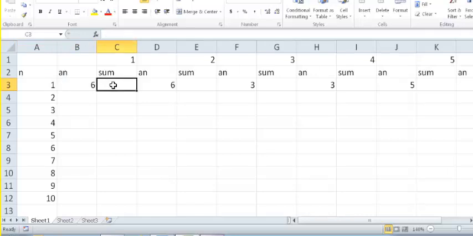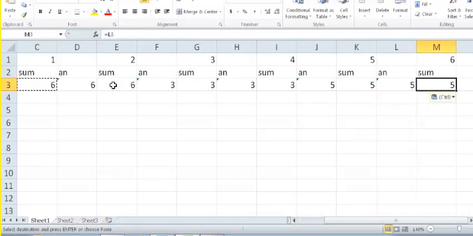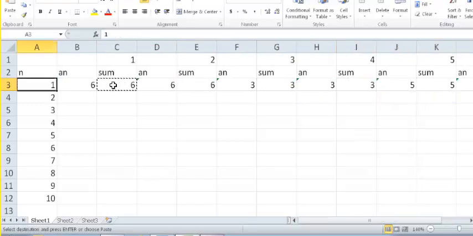So the sum term to start off with is just the initial value, and so we got that. And actually, we can just copy that. So I'm going to do Control C, Control V. Okay, so that is everything, the first row is correct. Now the second one, we can copy these down.